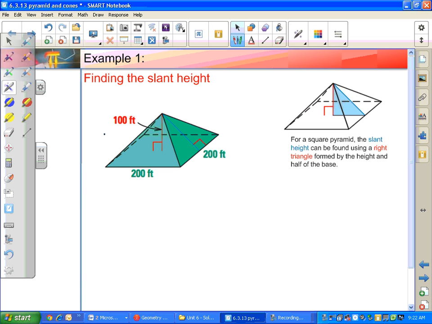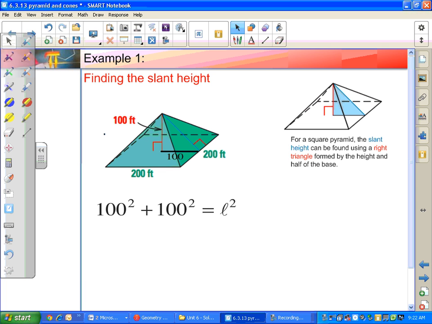So in this particular example, we want to find the slant height. We can see if we draw in this little segment right here, its length must be 100, right? So we can use the Pythagorean theorem, and we can say that 100 squared plus 100 squared, the two sides of that right triangle, must equal the slant height squared. So now let's calculate this. 100 squared is 10,000.